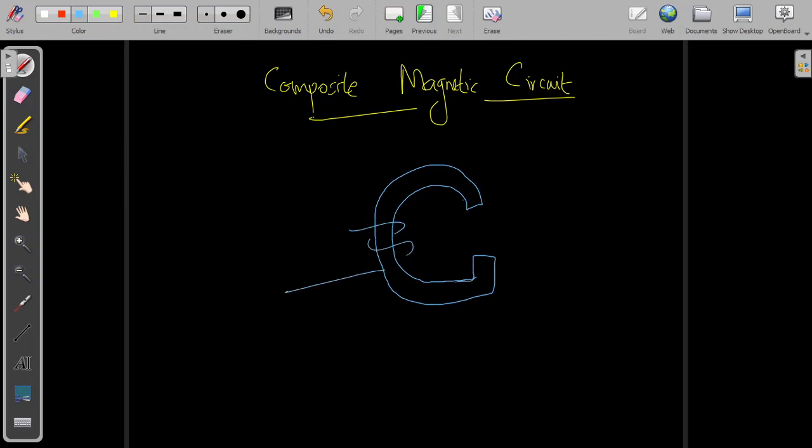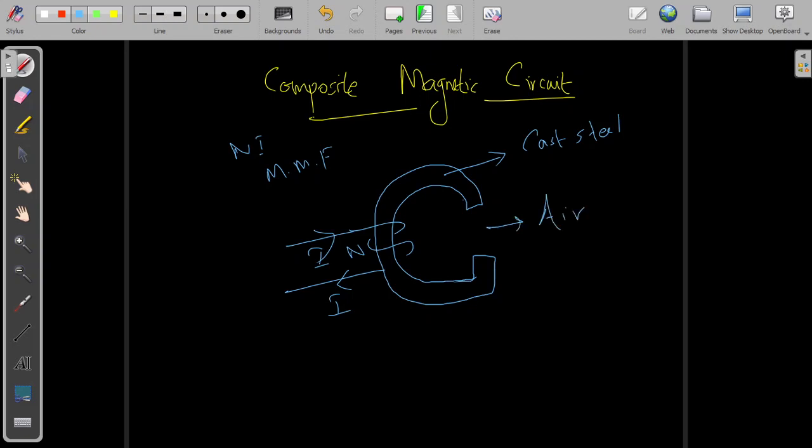We have current I flowing, with N number of turns, so NI, the magnetomotive force, will be generated. This C-type material is made up of some cast steel, and in between we have air or vacuum.